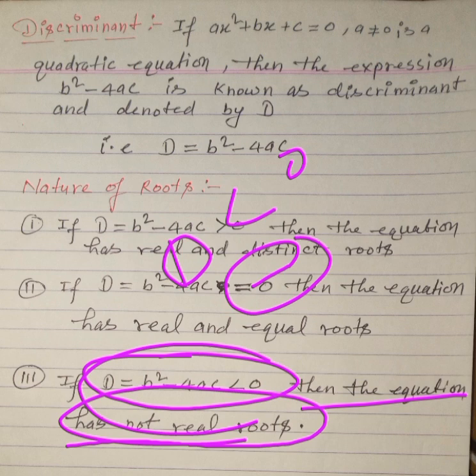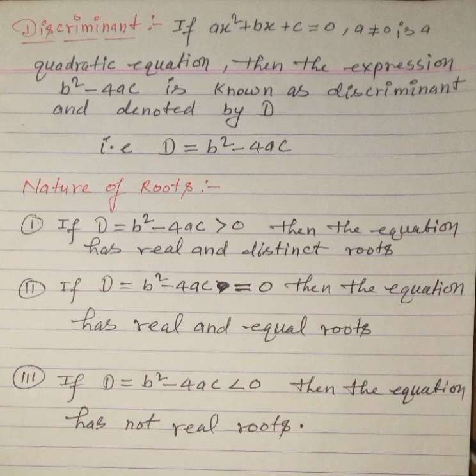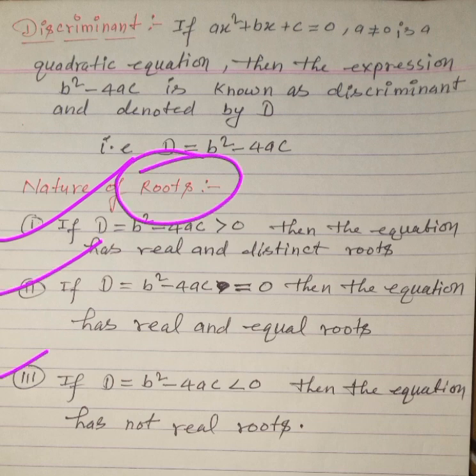If D is negative, then we say that alpha and beta are not real. Okay students, this is the method of finding the nature of the given quadratic equation, whether the roots will be real, imaginary or equal.